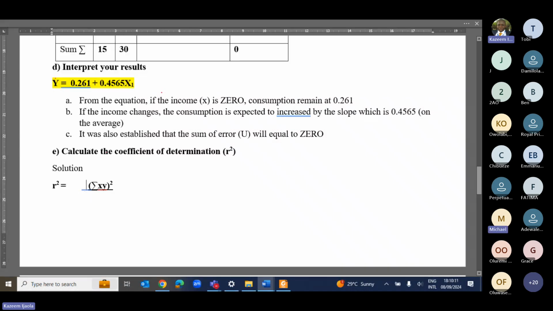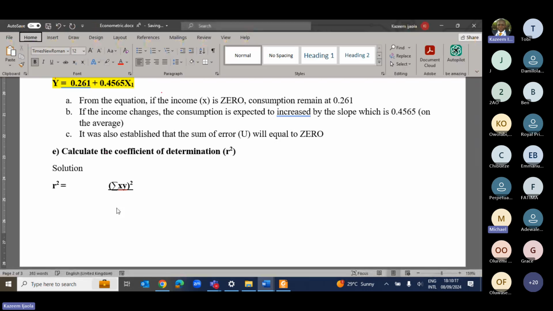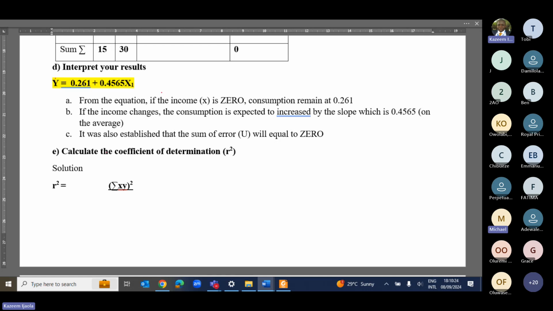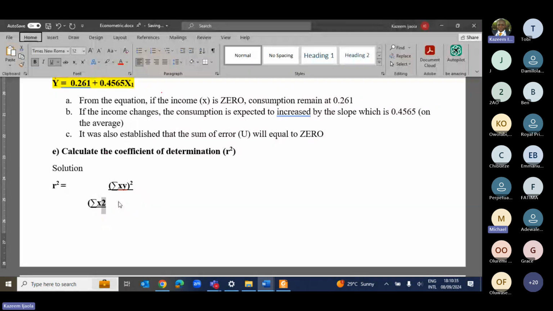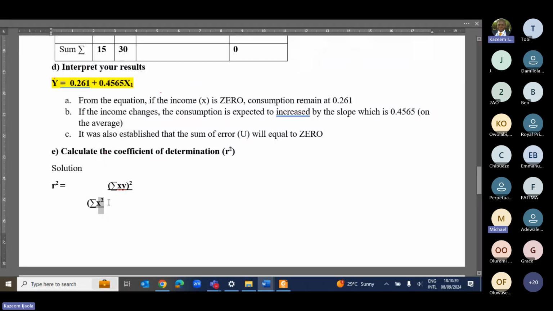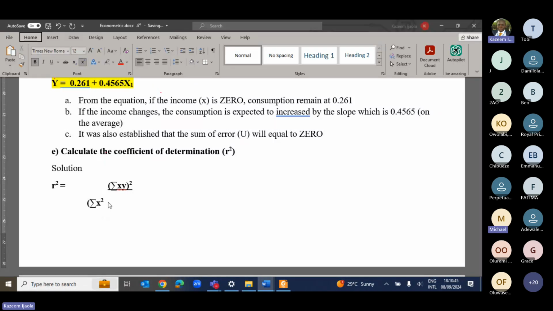So this will be summation x square, summation x square like this, into summation y square.